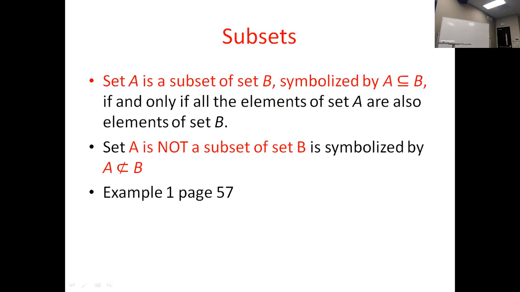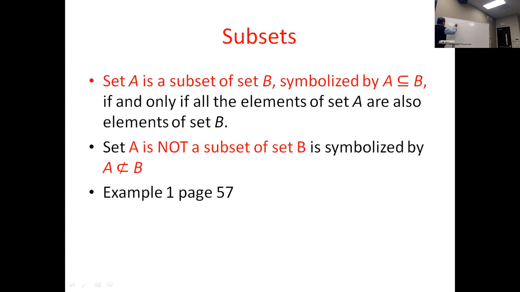Let's continue. Now we come to subset. Sets have subsets. Set A is a subset of set B, and that's how we write it, as you can see in the symbol in the PowerPoint.